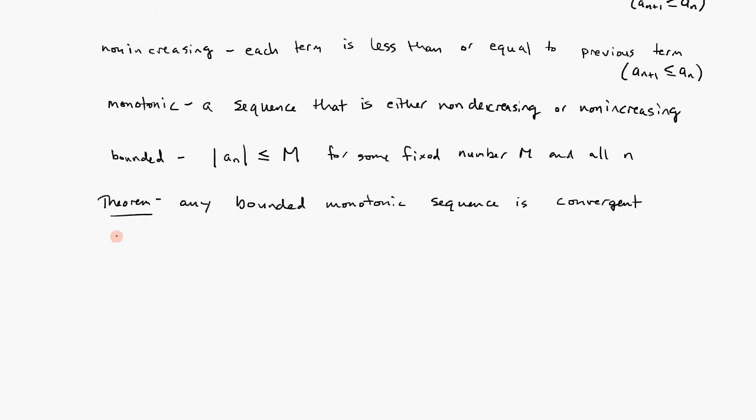So an example is in a geometric sequence, right? So for example, an is equal to 1 over 2 to the n. So here the sequence, for n equals 1, you have 1/2, 1/4, 1/8, 1/16, and so on.